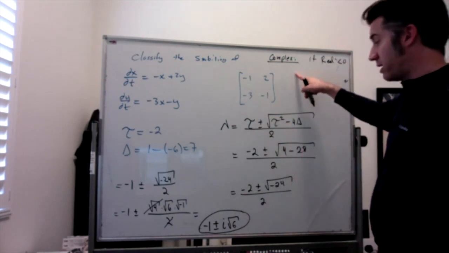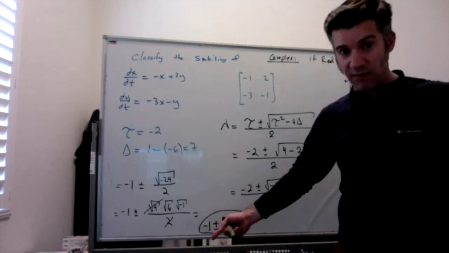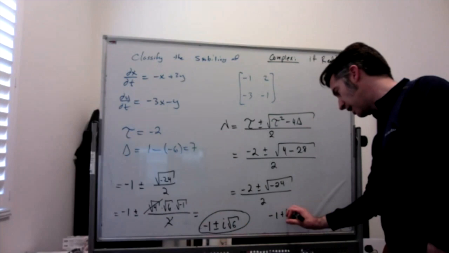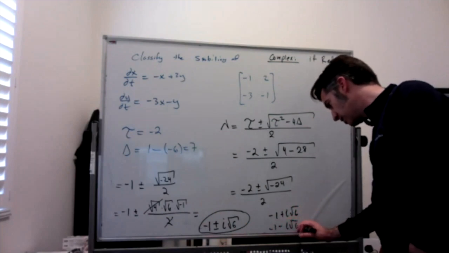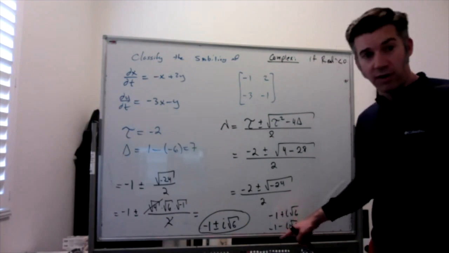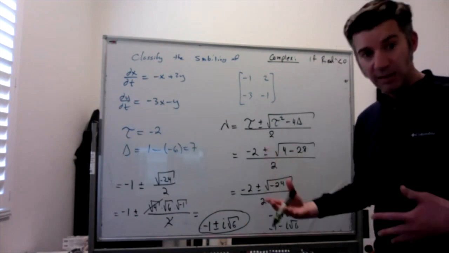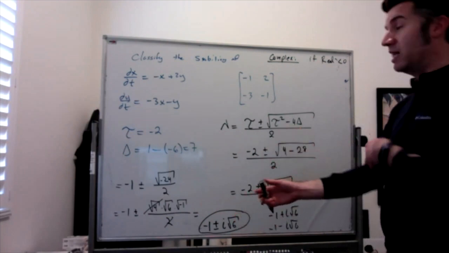If they're complex, the real part's always going to be the same. Our eigenvalues are -1 plus i root 6 and -1 minus i root 6. Since the real part in both of these is negative, we still have a stable equilibrium. It just looks different.